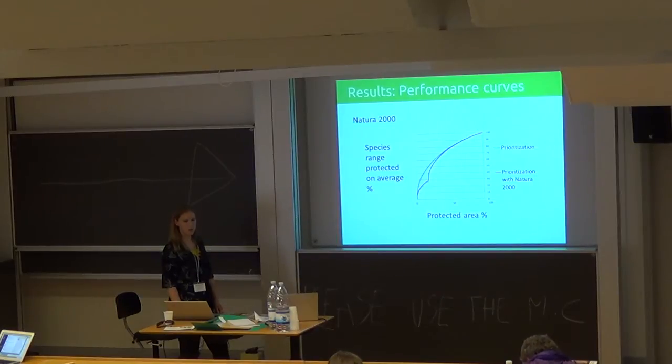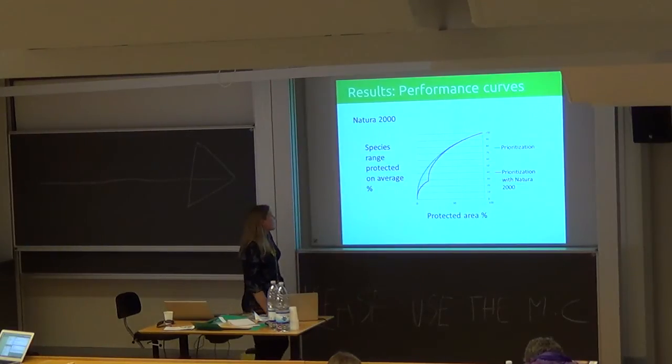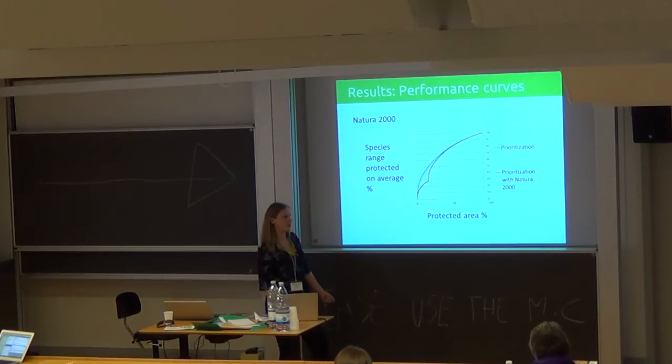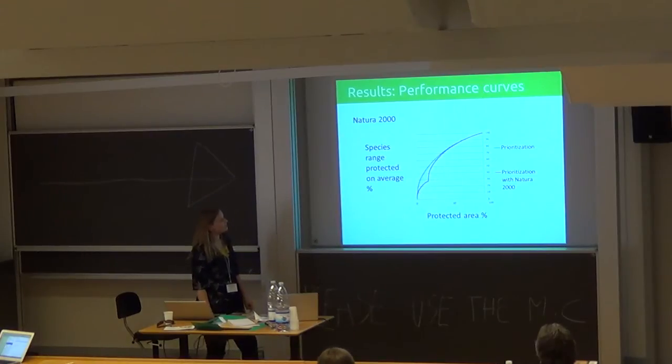With this kind of analysis, you can examine the current protected areas, how they are doing. For example, in here you can see that this Natura 2000 network covers about 18% of Europe's land area, and now you can see here its species ranges are protected on average 30% of their landscape.